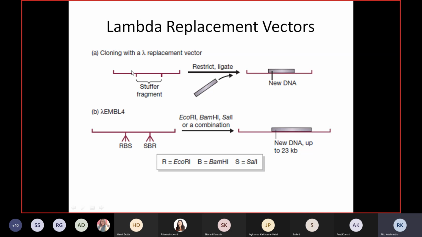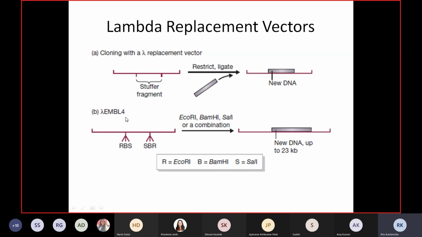If I had removed this whole fragment and now my phage DNA is much less than 37 kb, then this DNA will not be incorporated into the phage head. Rather, it will be lost. So just to maintain it, you add some random stuffer fragment here.